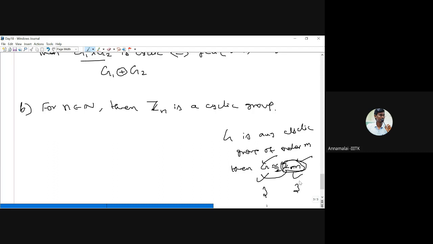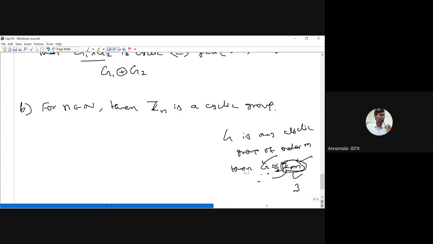So this theorem is very important. Any cyclic group of order n is nothing but Zn, so we have only one finite cyclic group of order n, and everything is isomorphic to this one. Similarly, any infinite cyclic group is isomorphic to the integers. So there are two important cyclic groups: one is Zn, another one is the integers.